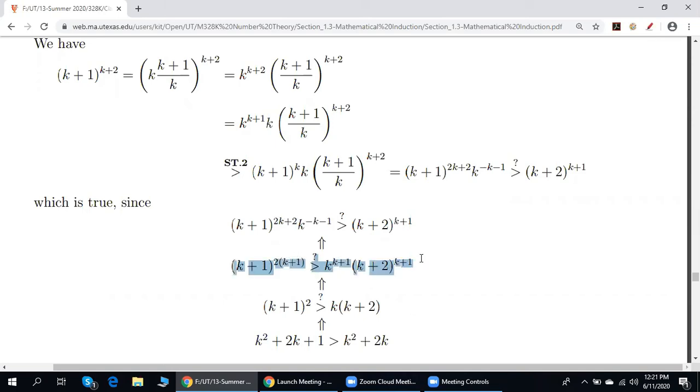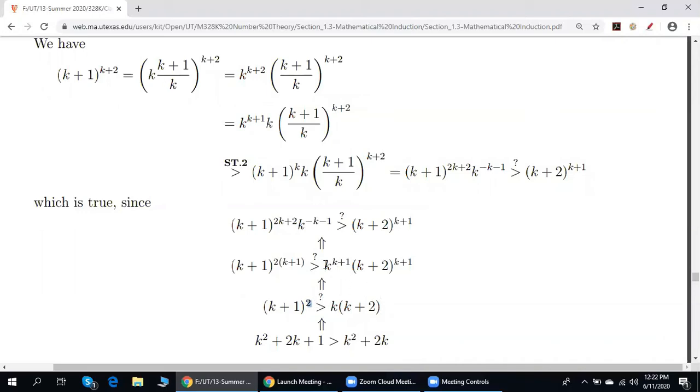In order to jump from here to here, raise the left-hand side and the right-hand side to the power 1 divided by k plus 1. If we raise the left-hand side to the power 1 divided by k plus 1, since 2 times k plus 1 multiplied by 1 over k plus 1 is equal to 2, the left-hand side becomes k plus 1 squared.